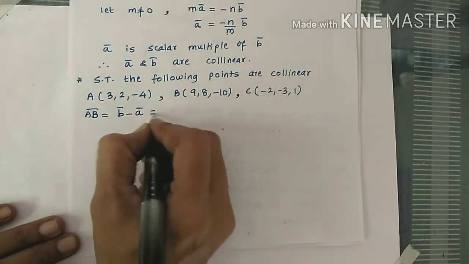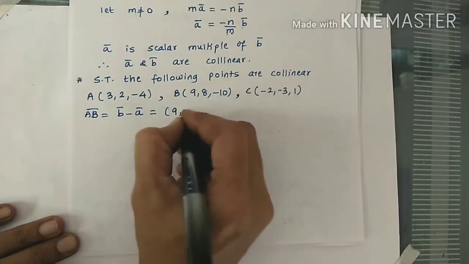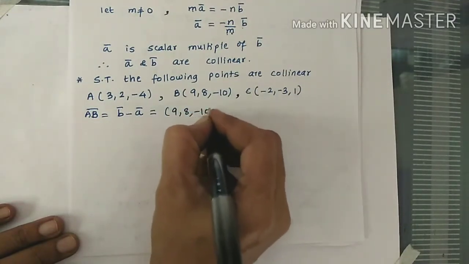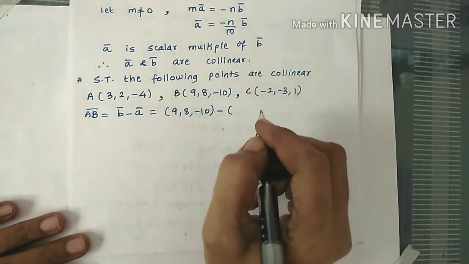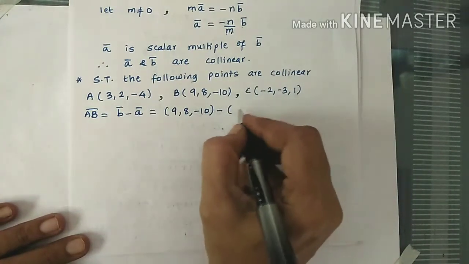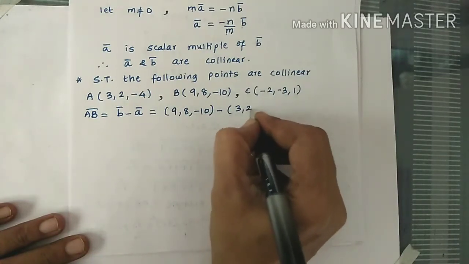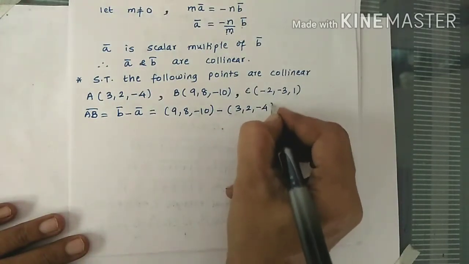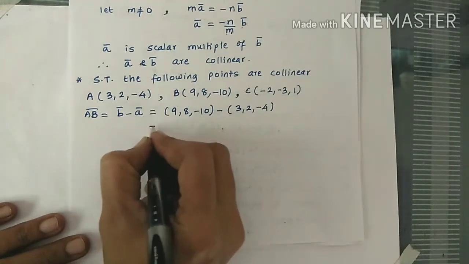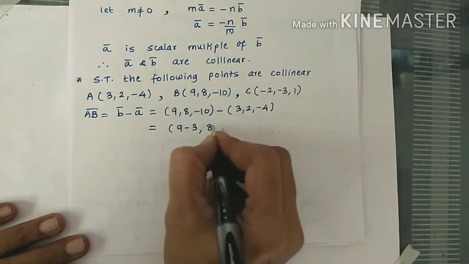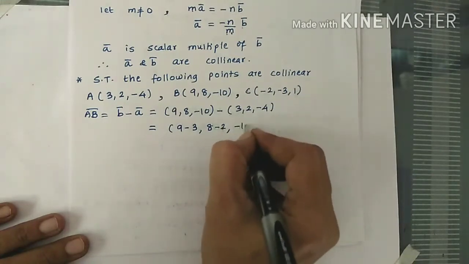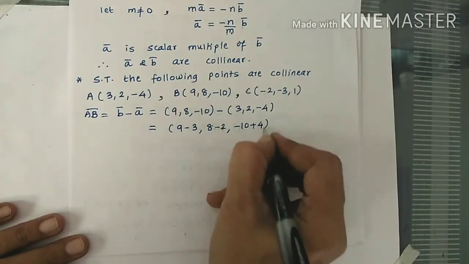Now point B is (9, 8, minus 10). We can write in terms of i, j, k, or we can directly write this point like this. Now point A is (3, 2, minus 4). First let's simplify this and then we will write in terms of i, j, k. So 9 minus 3, 8 minus 2, minus 10 minus minus 4, that is plus 4.